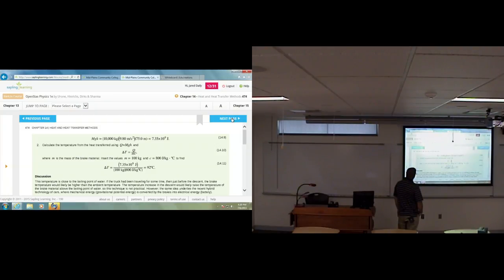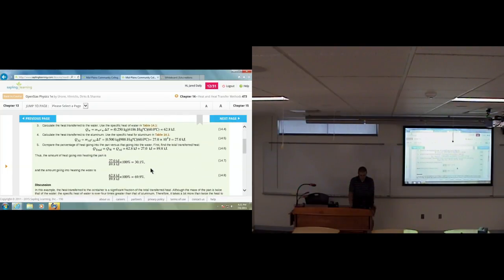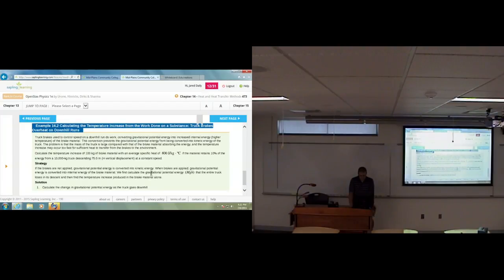Where do they do the 10%? Oh, they don't. Why not? They did it already. How can they do it already? Mass, 10,000 kilogram truck. They changed it to 1,000 next part.